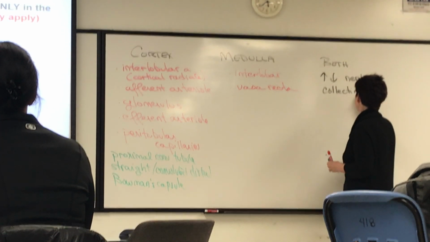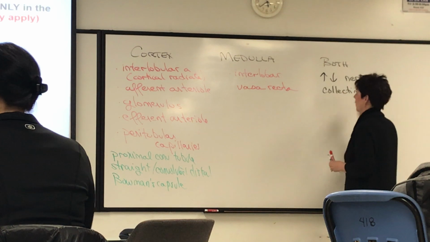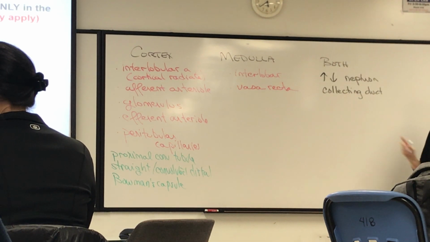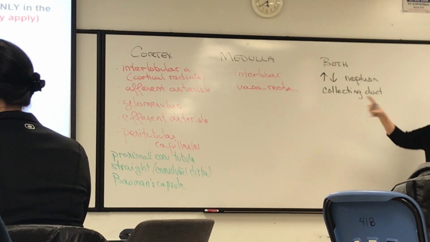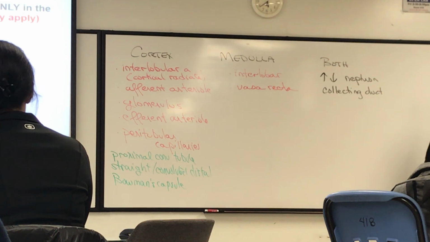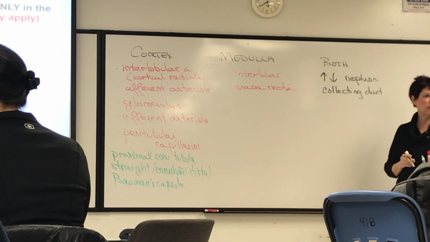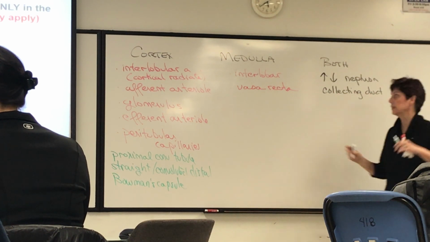So thinking about the collecting duct, what part of the collecting duct is found only in the medulla? The proximal tubule? No, that's not part of the collecting duct, the proximal convoluted tubule is found only in the cortex, but the papillary duct.